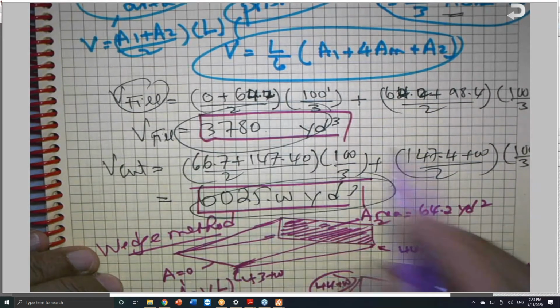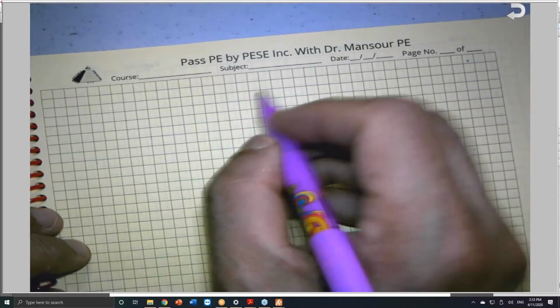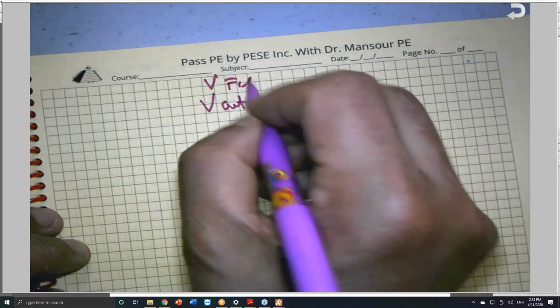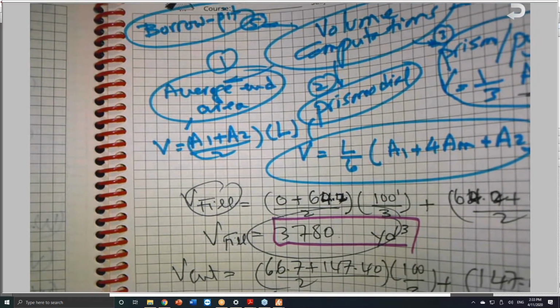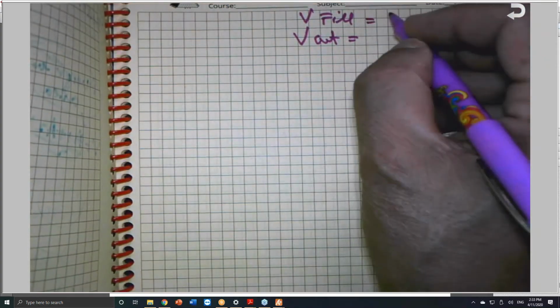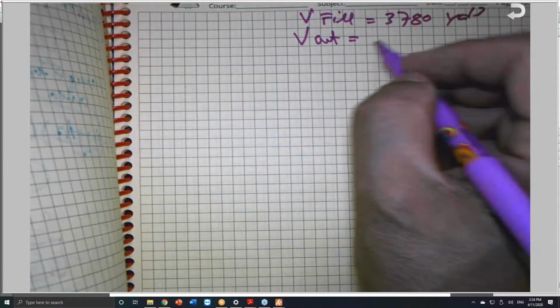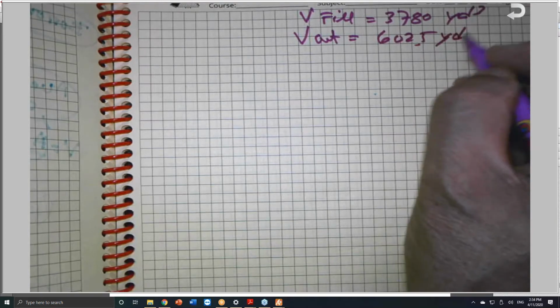And here is the fun stuff. So I have the volume of cut and the volume of fill. The volume of fill is given to be 3780 cubic yards, and the volume of cut is 6025 cubic yards.